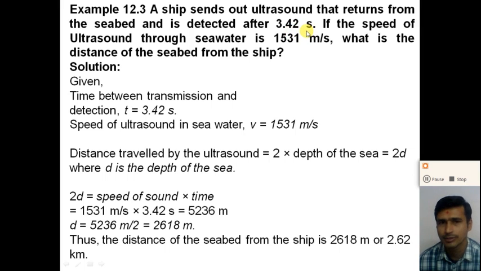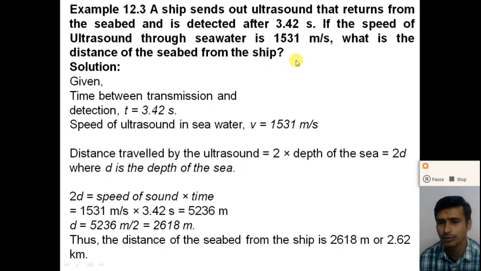So the time taken to transmit the ultrasound and receive the ultrasound is 3.42 seconds. If the speed of the ultrasound through the seawater is 1531 meters per second, what is the distance of the seabed from the ship, right?